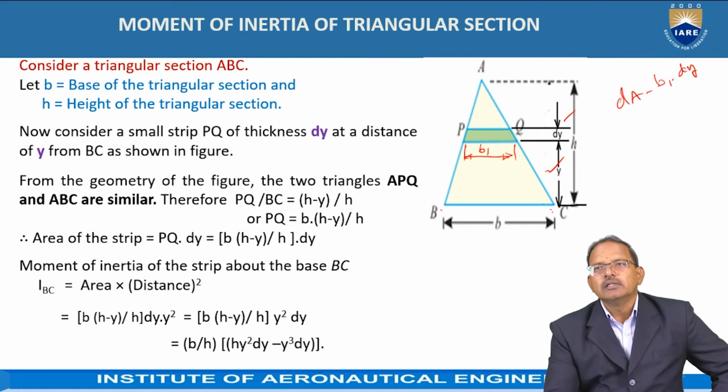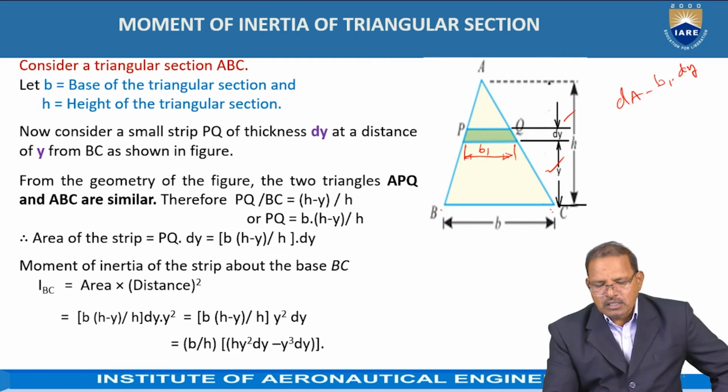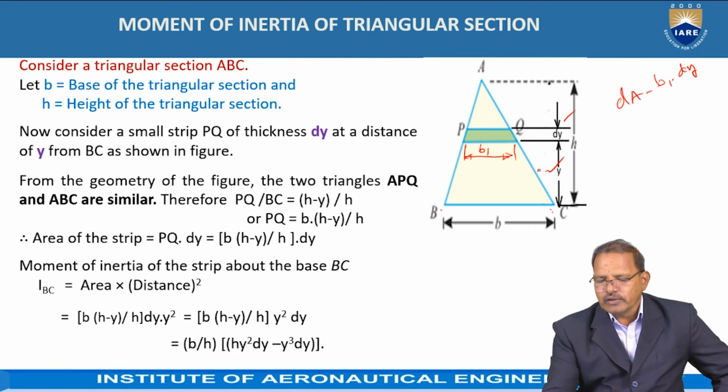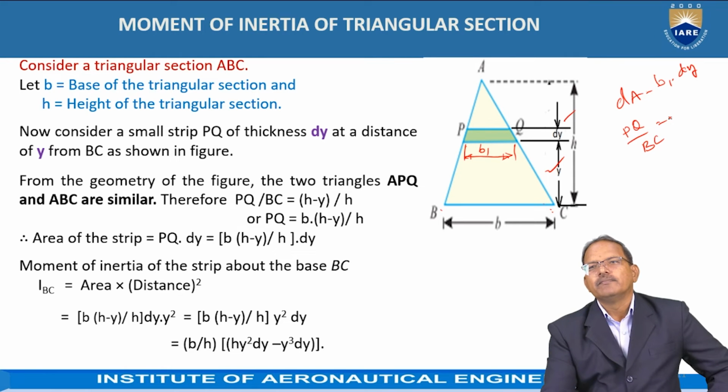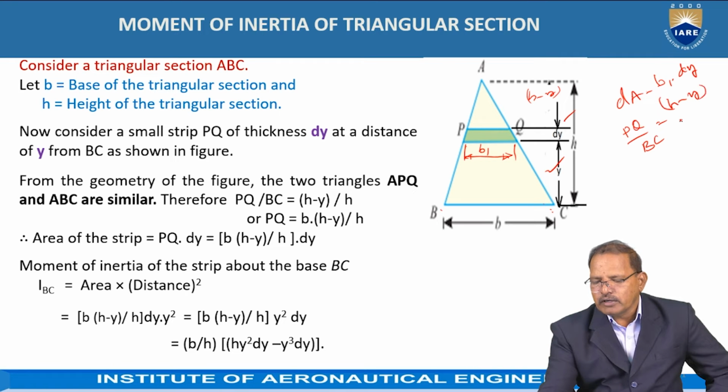When they are similar triangles, the ratio of the lengths of corresponding sides is always equal. Hence, according to this relation, we can write PQ divided by BC is equal to the height of the APQ triangle, which is h minus y, divided by h.